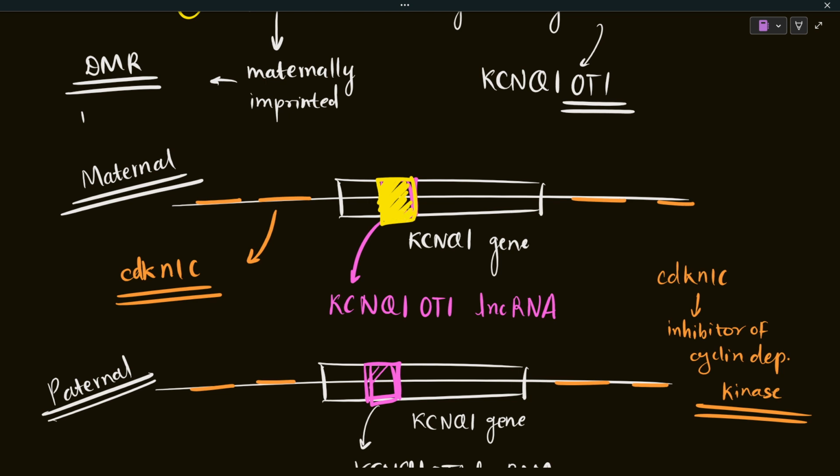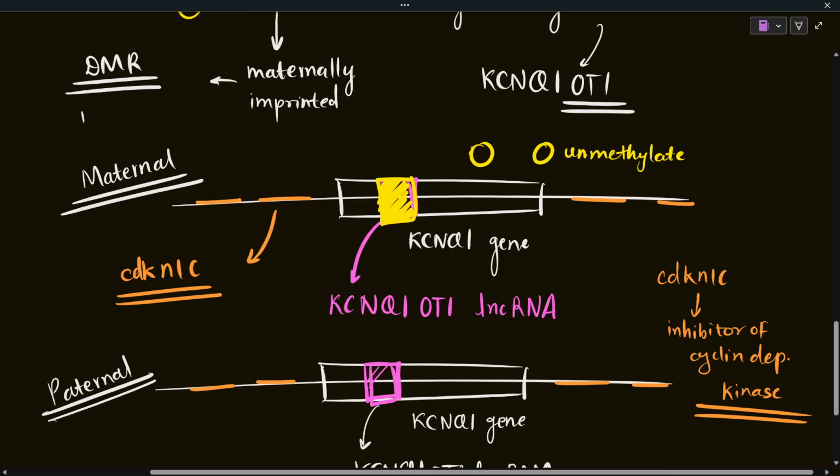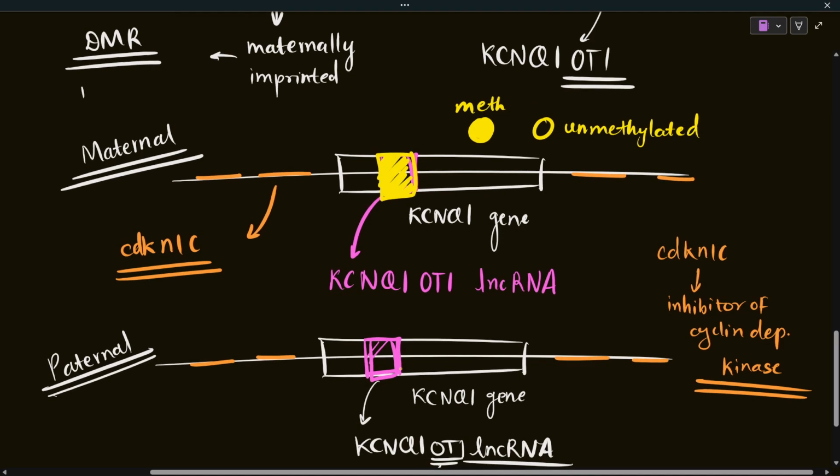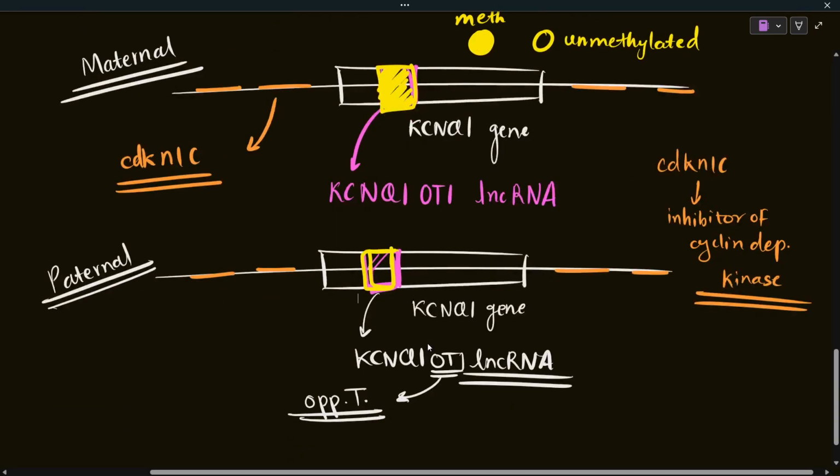I'm showing this will be methylated and this will be unmethylated. The shaded representation means it is the methylated locus, and if it is unshaded, it is the unmethylated locus. So this KCNQ1OT1 long non-coding RNA is the DMR in this case, and this DMR is unmethylated in the paternal copy and methylated in the maternal copy.